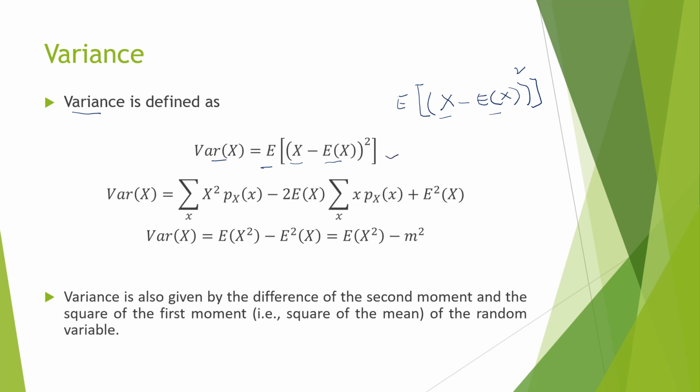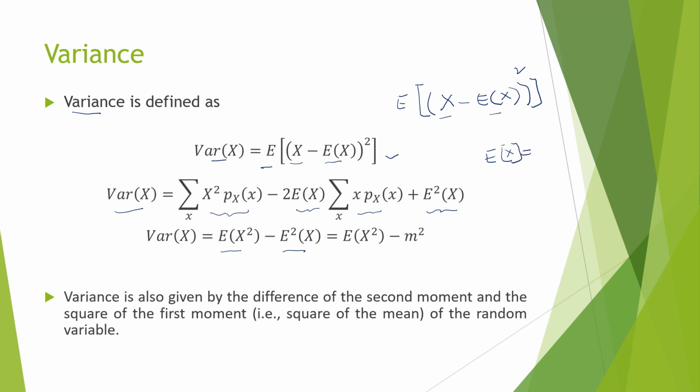Now I'll expand this. Variance of x is, if you expand within this, E of (x minus E[x]) whole square, there are three terms. So as per the expected value definition, if we expand this, we get three terms like this. And after simplification, we get E[x square] minus E square [x]. We also know E[x], the expected value, is also known as the mean value.